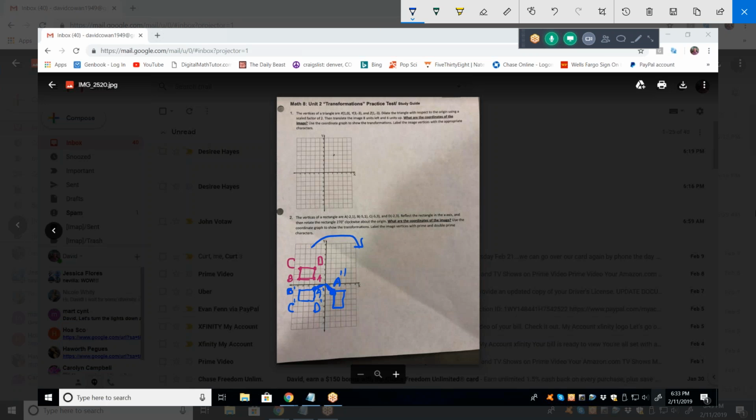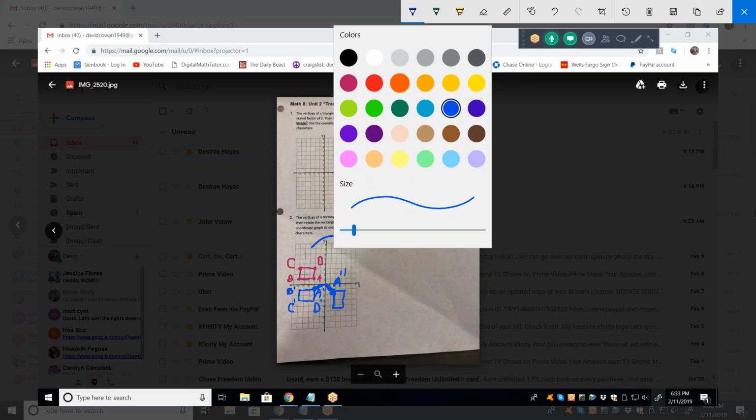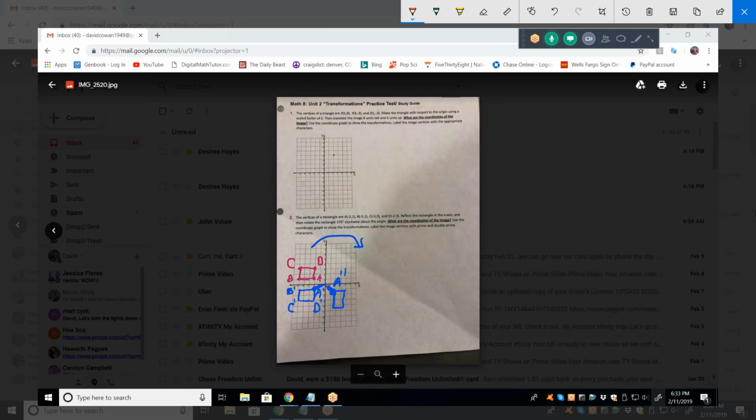In other words, whatever corner of that rectangle I've connected to the origin to rotate, well, let me use a new color here. This line right there needs to connect with A double prime, right? Now, the question is, what is this point right here?